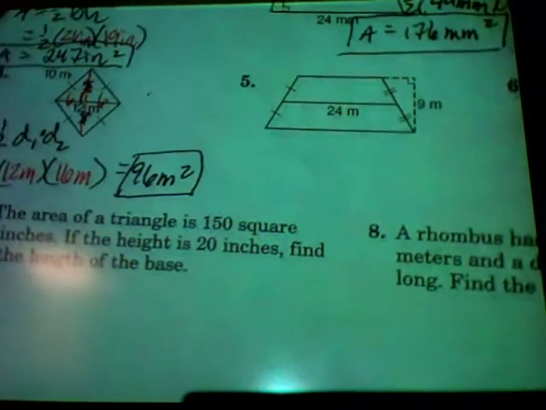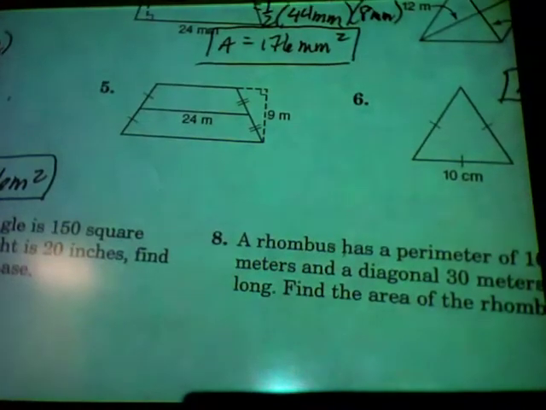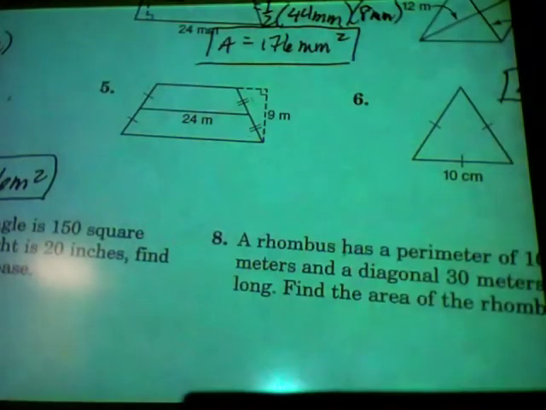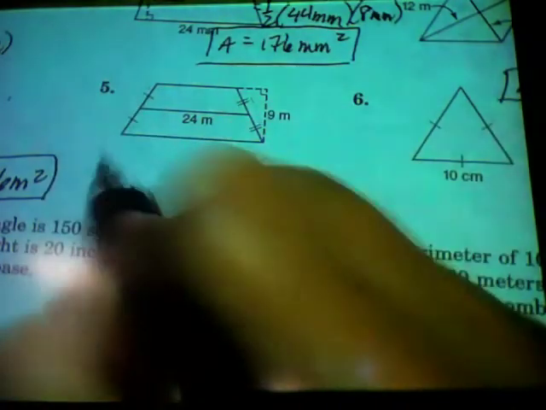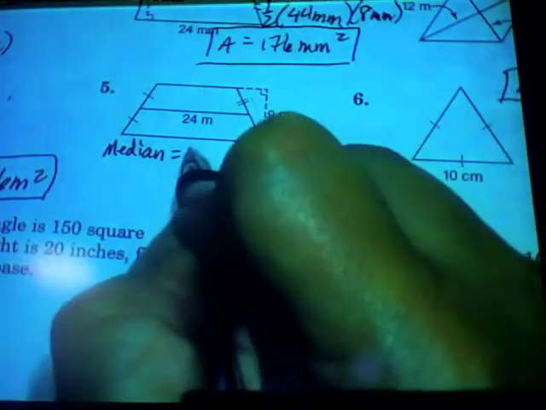Then this one is a blast from your past. It's a trapezoid. What does that 24 represent? Isn't that the median of that trapezoid, and isn't this an isosceles trapezoid? Do you remember the formula for the median of a trapezoid? The median equals, say it again.